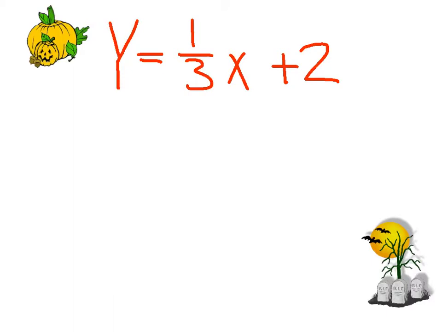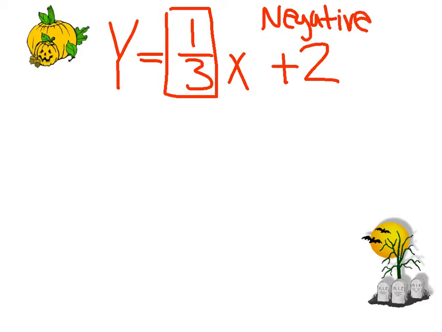Okay, y is equal to 1/3 x plus 2. If we want to find a perpendicular line to this line right here, we're going to focus on the slope. It's going to be the negative reciprocal. I'll go ahead and write that up here. Negative reciprocal of this slope right here.